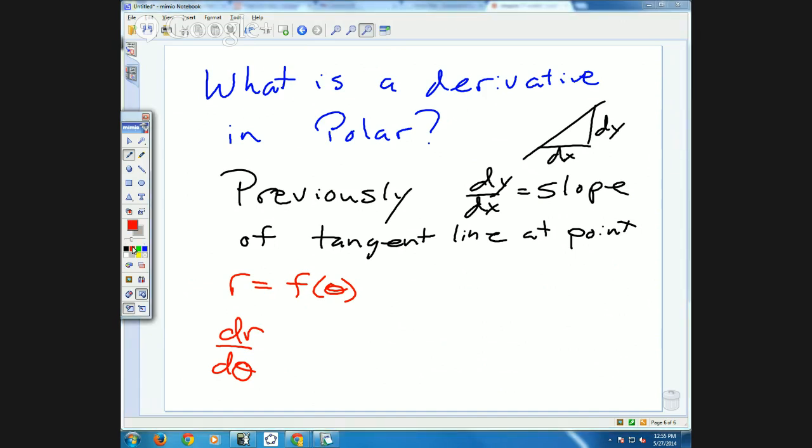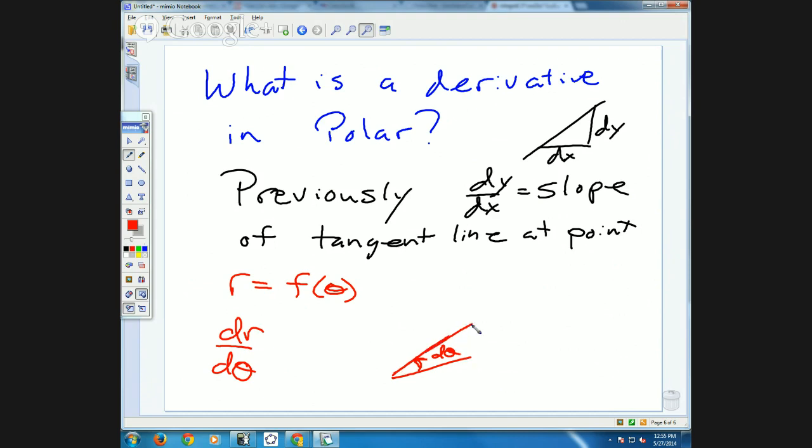Okay, let's think of what does our dr d theta look like? Well, d theta is a little chunk of angle, so that could be d theta right there. And dr would be a little piece of radius. What's a little piece of radius here?